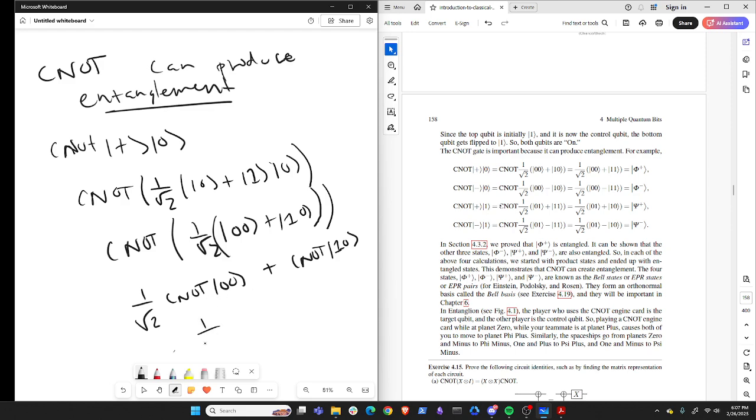Nothing happens here because the left qubit is 0. Here, however, it turns this into 1, 1. And so we wind up with this entangled state.